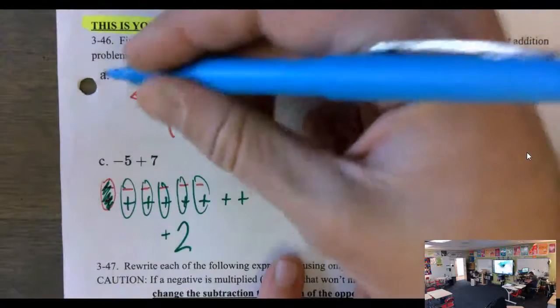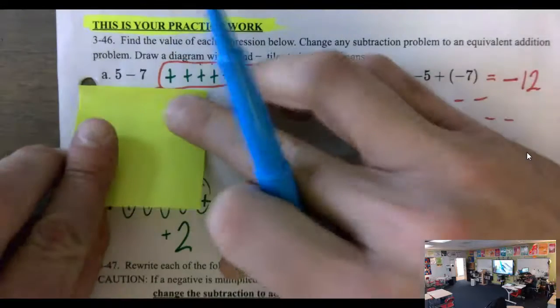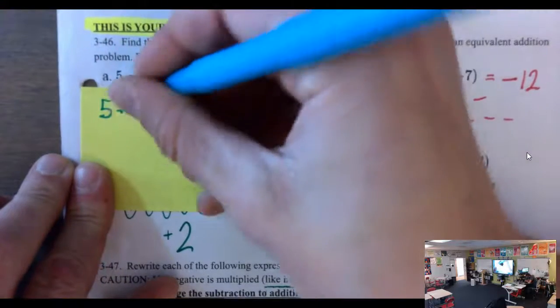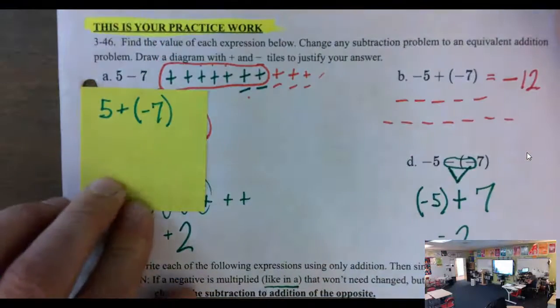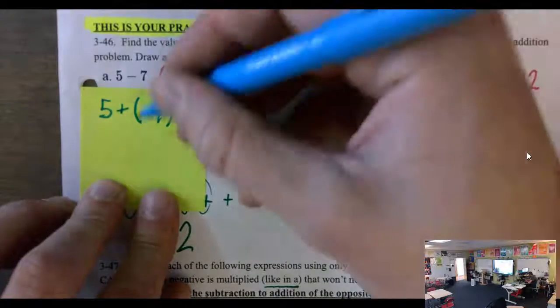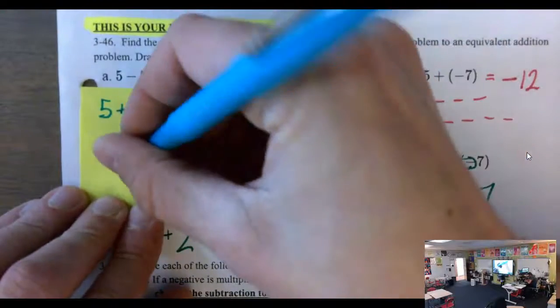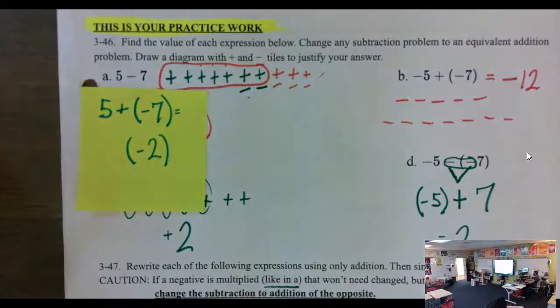But if I rewrite 5 minus 7, and I try to change it into addition of the opposite, I could write that as 5 plus negative 7. If we had 5 positive tiles and brought in 7 negative tiles, our negative would win by 2. Or there'd be 2 extra negatives.